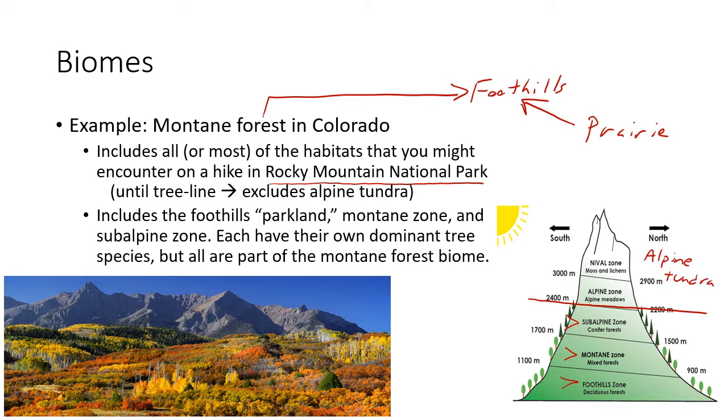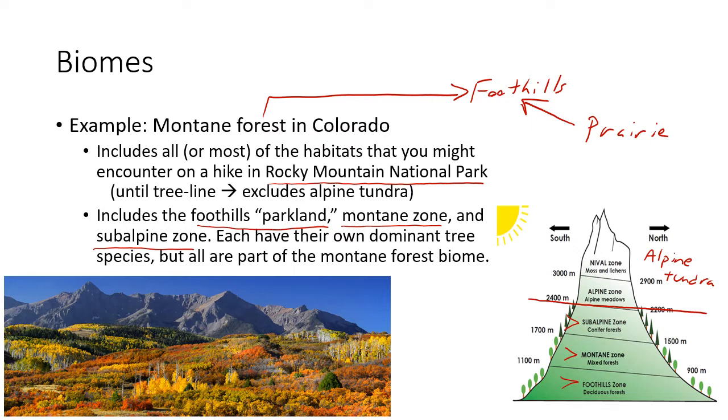But the montane forest is going to include that open parkland in the foothills where you have a tree here, a tree there, and the grasses in between, dominated by ponderosa pine. Then you're going to get up into the montane zone, which is going to be a mixed forest. You're going to have some ponderosa pine, some aspen, some subalpine fir. Then you get to the subalpine zone, which is going to be dominated by subalpine fir and Engelmann spruce, mostly fir and spruce.